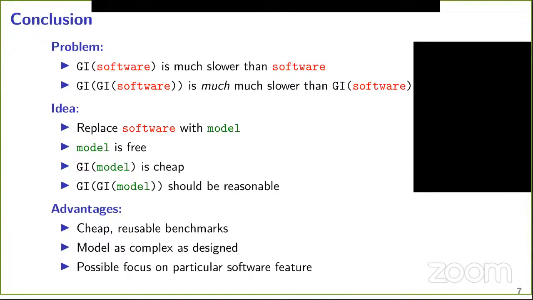One thing which is important is that as soon as you have your distribution, your model, you can generate a lot of benchmarks that are very similar to that model, but not equivalent. That would allow you to compare your GI process on more than one software.